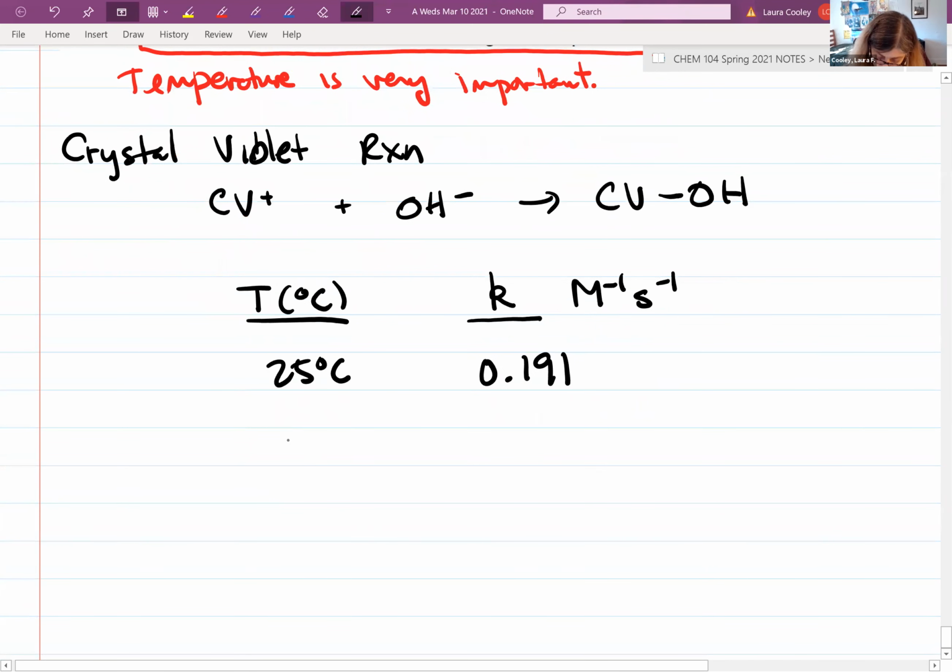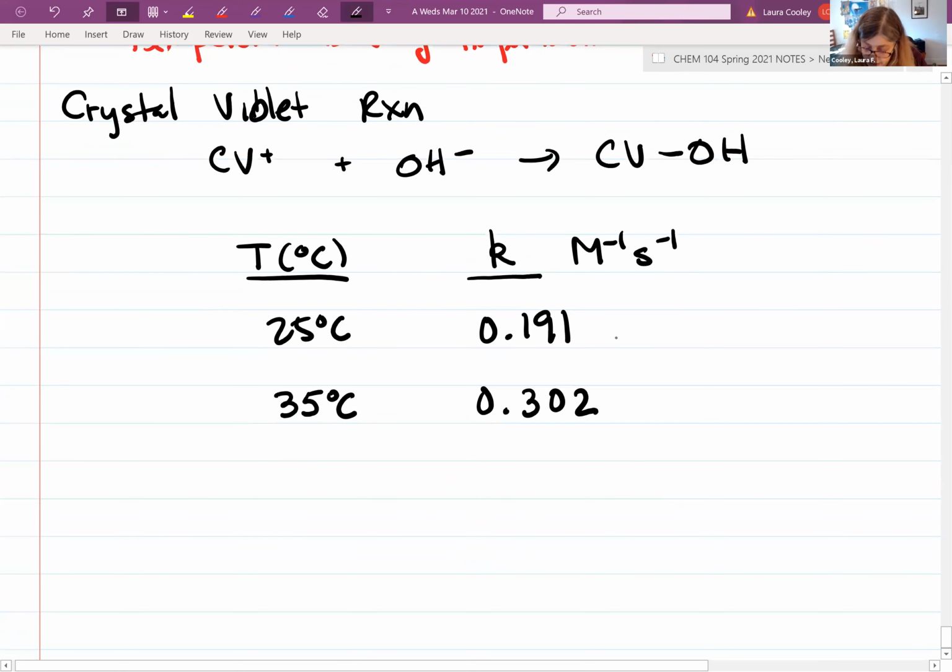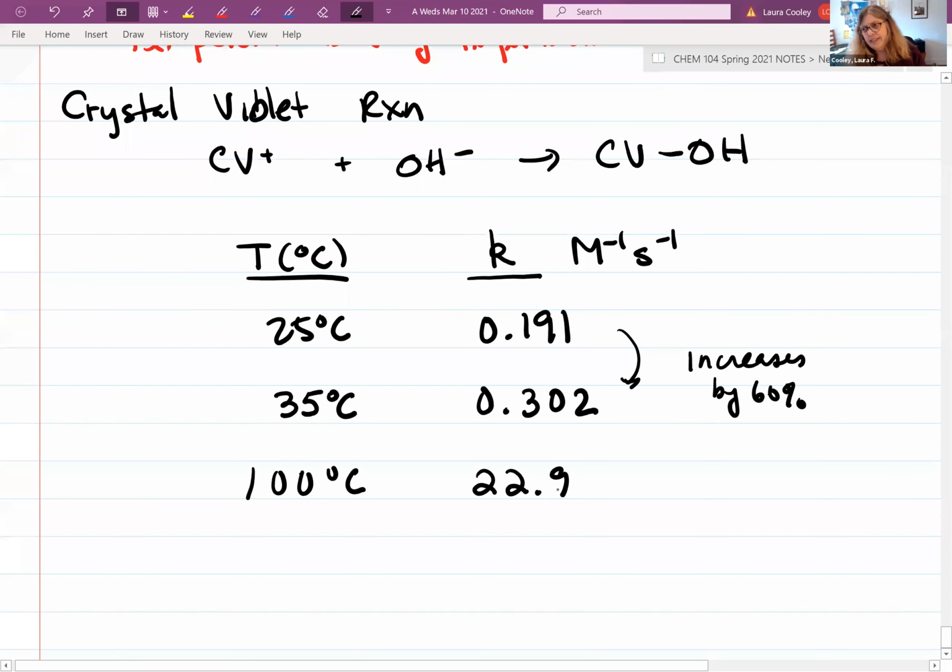At 35 degrees C, a mere 5 degrees higher, it is 0.302, okay? It's increased by 60%. If we go up to 100 degrees C, this rate constant goes up to 22.9.